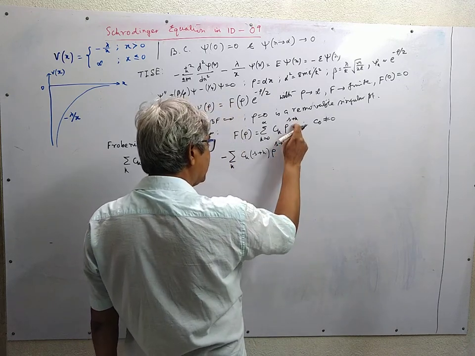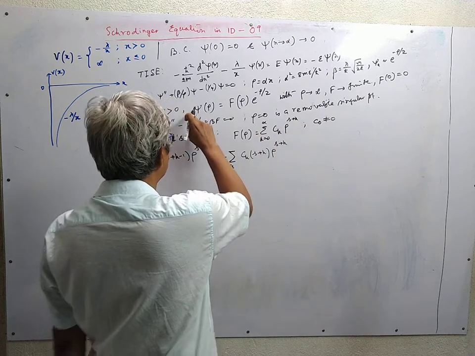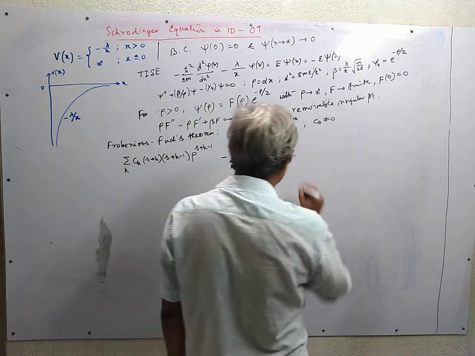On differentiation the power is reduced by 1, and when you multiply by rho the power is again raised by 1.